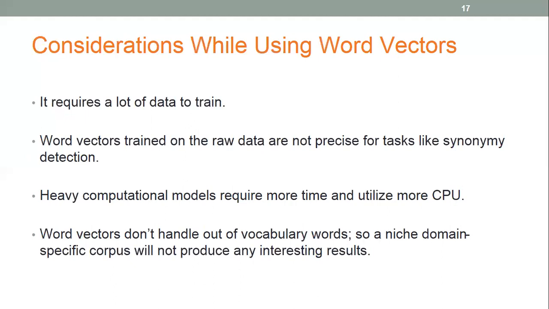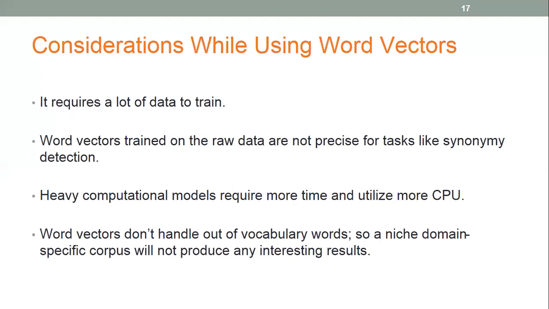And one of the most important drawbacks of Word2Vec is that it doesn't handle out of vocabulary words. Because the input and output are always one hot vectors, it is limited by what the vocabulary was when we started training the model. So we have to pre-compute what the vocabulary is going to be and then use it to train the model.